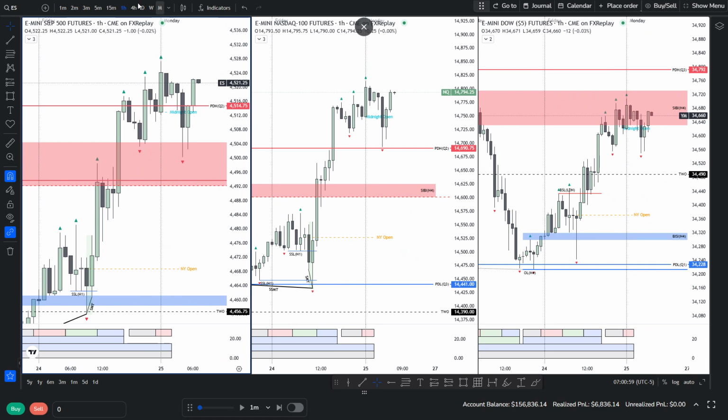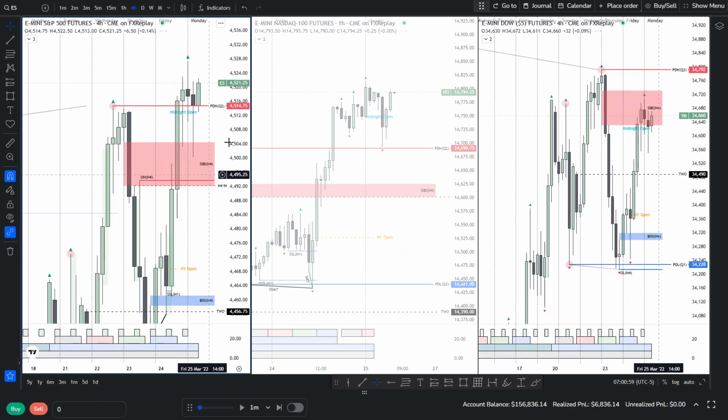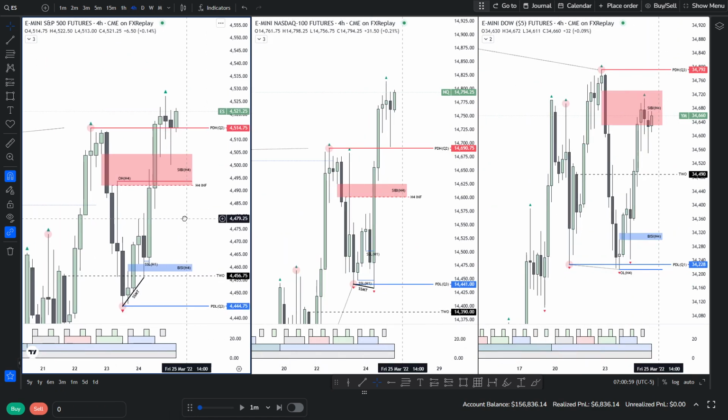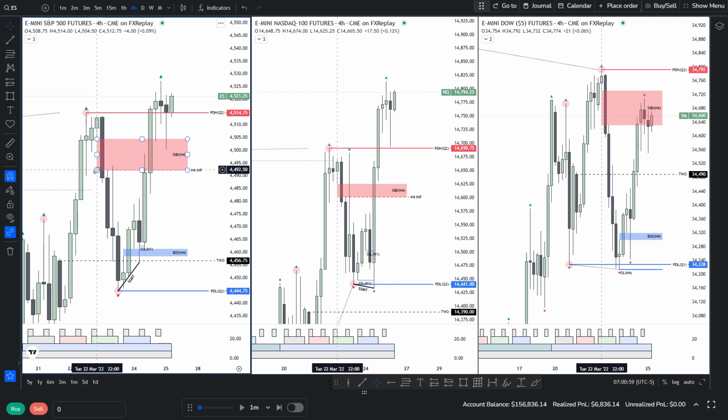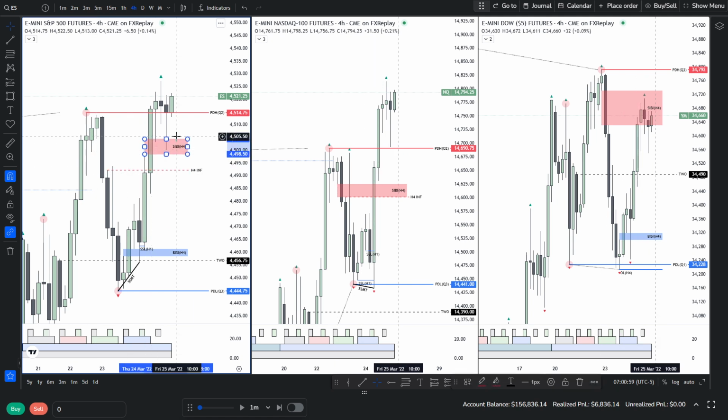So let's head out to the 4 hour. 4 hours is a really good time frame to use, sort of intra-week and all of that sort of good stuff. So we've traded through here now, so let's get rid of that. What we want to do with this is put that here.